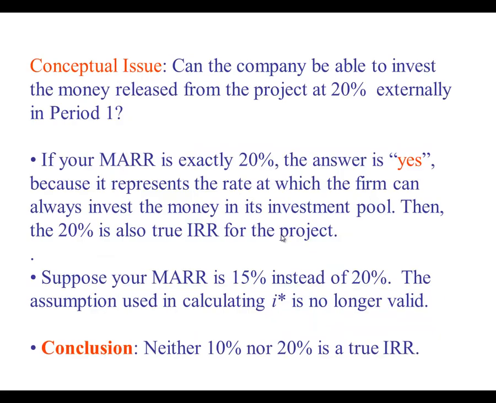We are assuming that the MARR is exactly 20%, which means that the company will be able to invest, but if the MARR is 15%, then the assumption used in calculating i is no longer valid, which means that neither 10 nor 20% are true IRR.